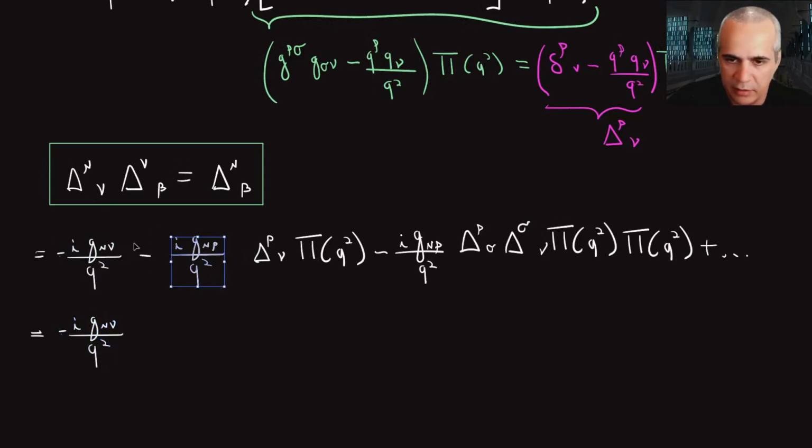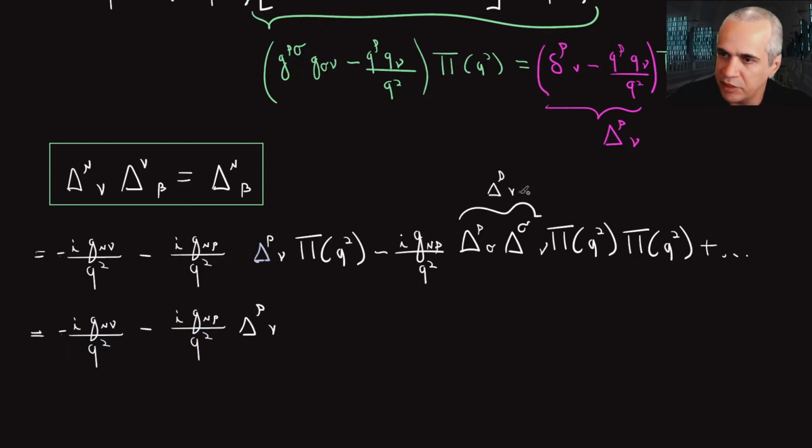this one times this delta rho sigma, but again here I have delta rho sigma, and that will be true for every order. So this delta just factors in front of everything, and I end up with a power series in pi.